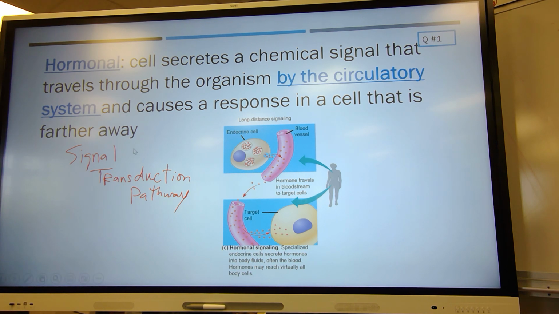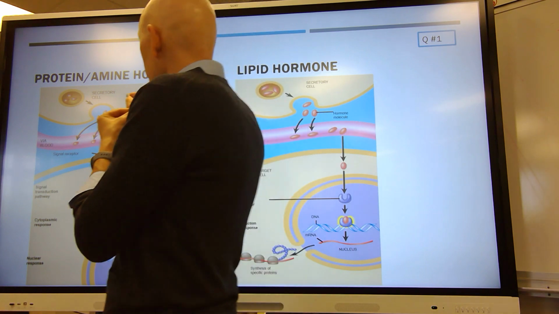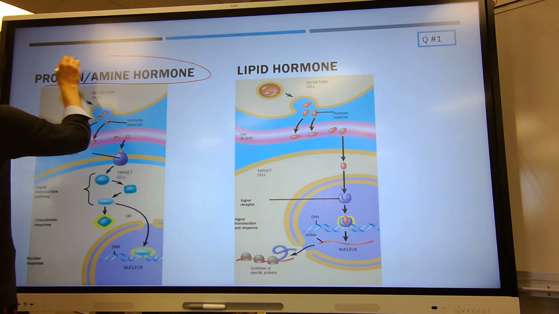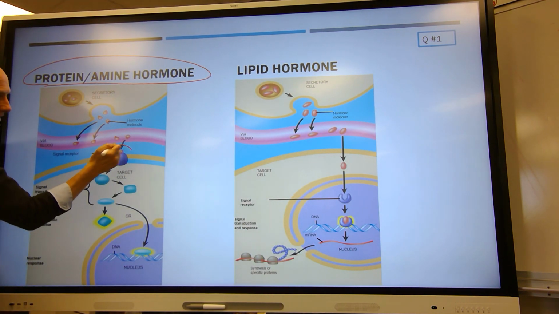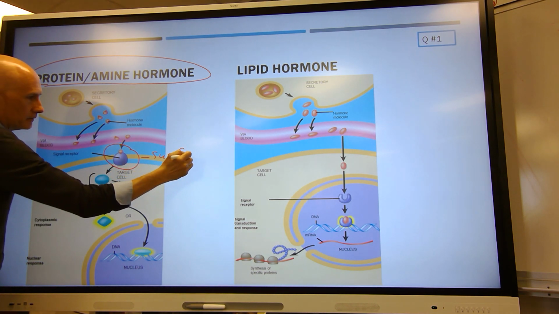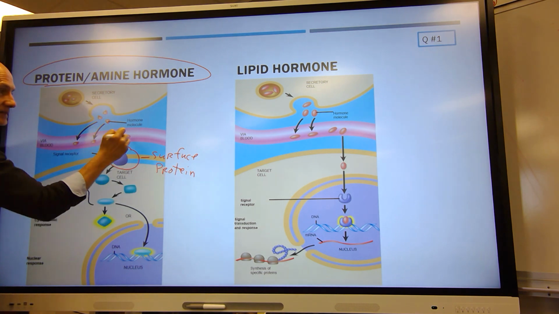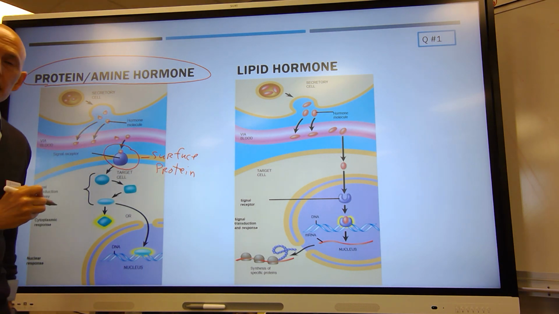So when we talk about hormones, again, because this shows up all the time on the AP test, if it is a protein or an amine hormone, it is binding to a surface protein, because this hormone cannot cross the cell membrane.